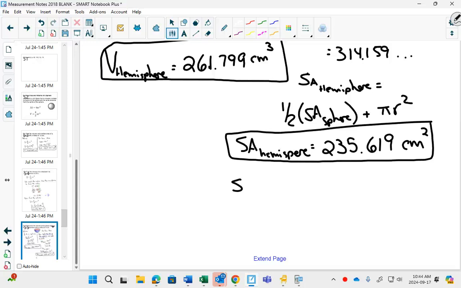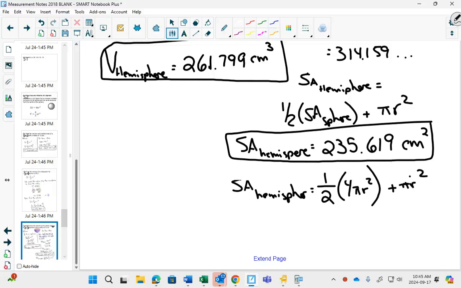But the other way that we could do this is with formulas. If I take half of the whole sphere and add the circle, which is a pi r squared, does it make sense that half of 4 is 2 pi r squared, and you add the circle, which is another pi r squared?